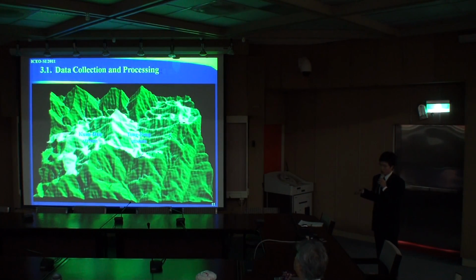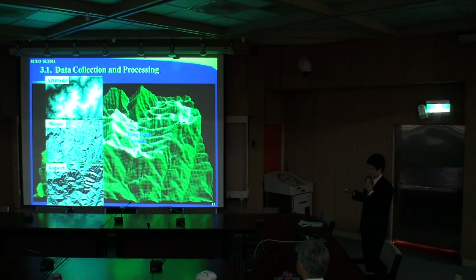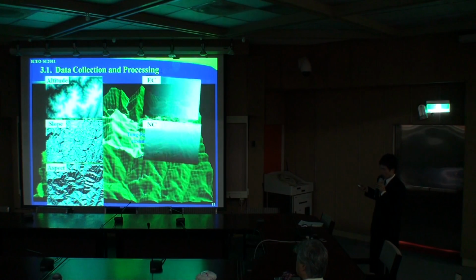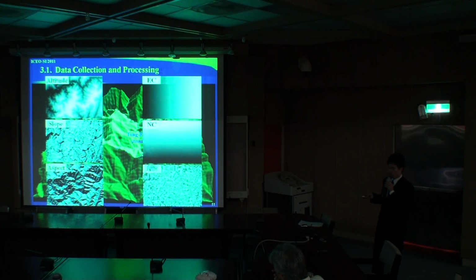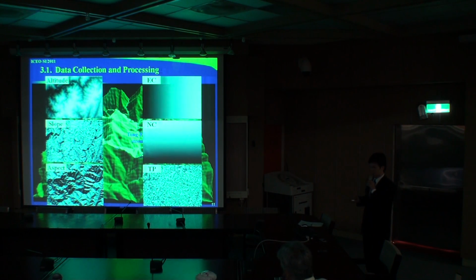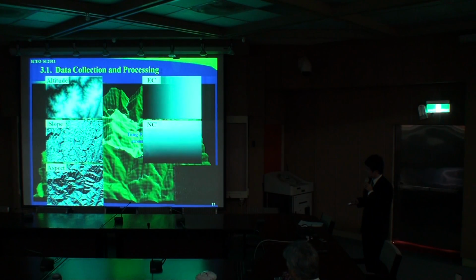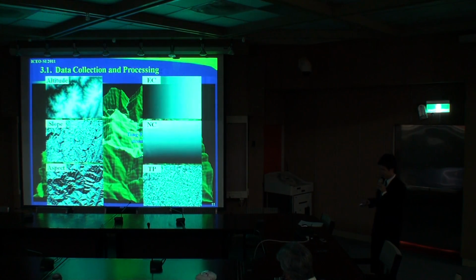We use the DEM to derive altitude, slope, aspect, east and north coordinates, and combined with the ridge and valley information from orthophoto maps to generate the terrain position layer.